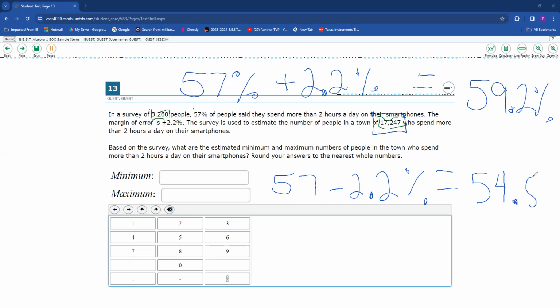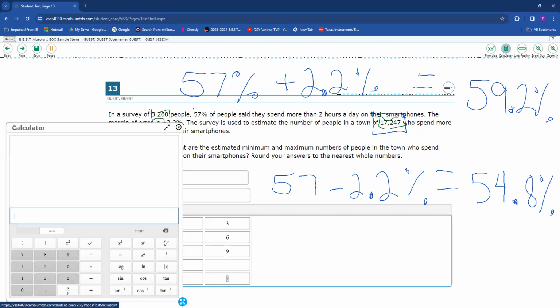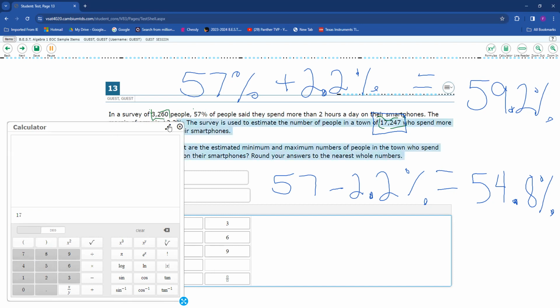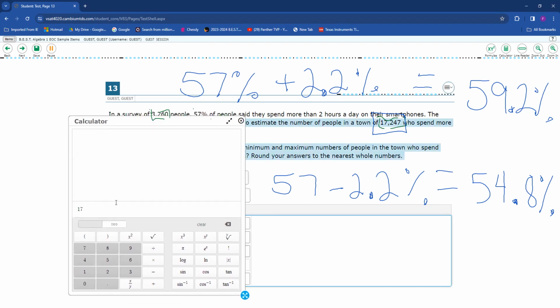So what we need to do is we need to multiply. Let me bring the calculator down. I need to multiply the population, 17,247, times the percent.